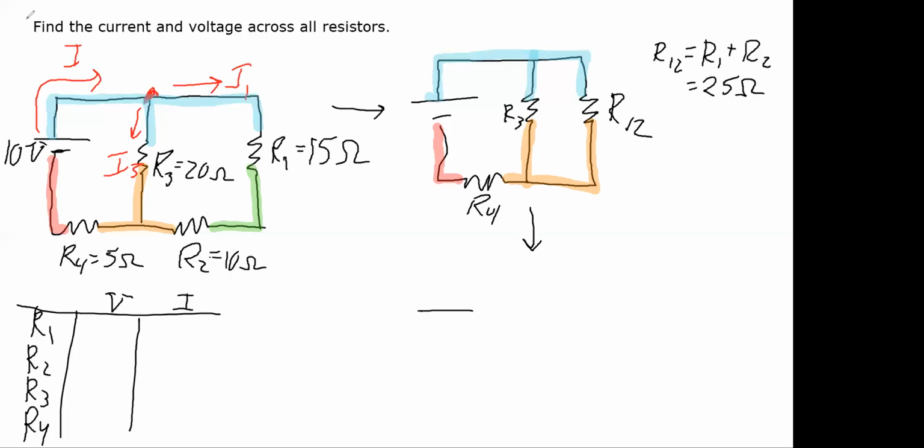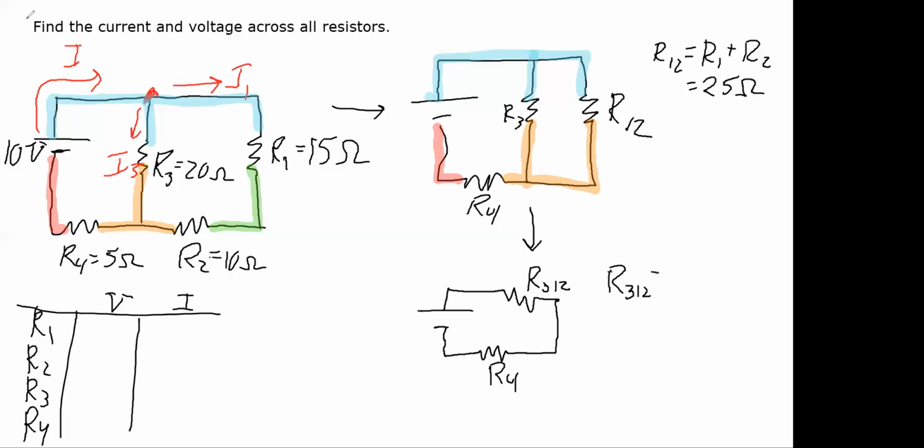So I'm going to combine, how should I do this? Okay, so this is R, let's call it R312. So R3 and R12 combined, and on the bottom here, I still have my R4. So I could find out what R312 is.